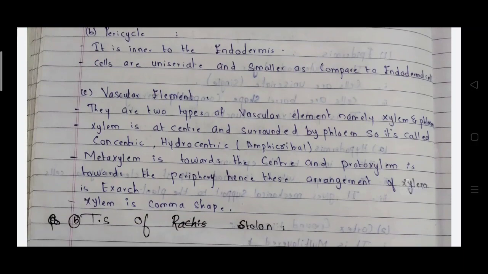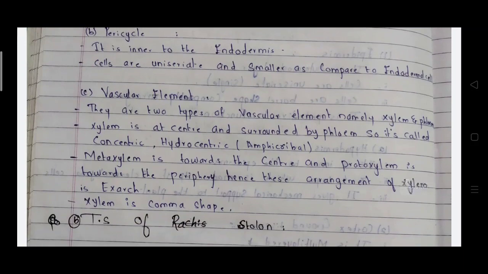In this, the metaxylem is towards the center and the protoxylem is towards the periphery. Hence this arrangement of the xylem is called exarch, and this xylem has a comma shape, which is its identifying character.